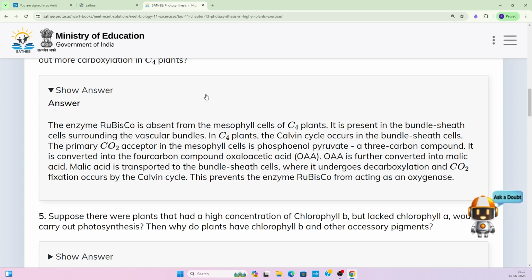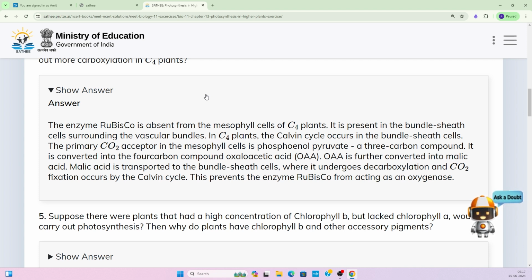It is converted into malic acid and malic acid is transported to the bundle sheath cell, right? So this malic acid which is formed in the mesophyll cell is transported to the bundle sheath cell where it undergoes decarboxylation and CO2 fixation occurs by the Calvin cycle.